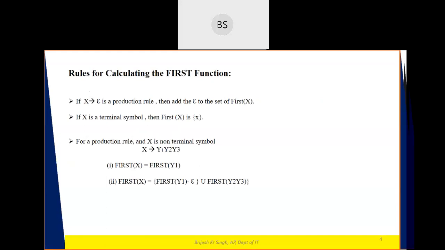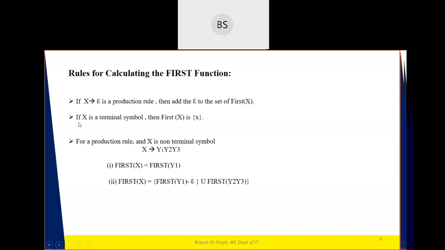First, if a production is in the form X produces epsilon, then add epsilon to the set of FIRST of X. That means if we have a production X produces epsilon, then FIRST of X will be epsilon.